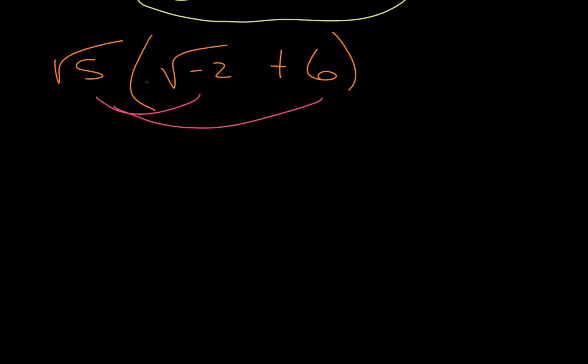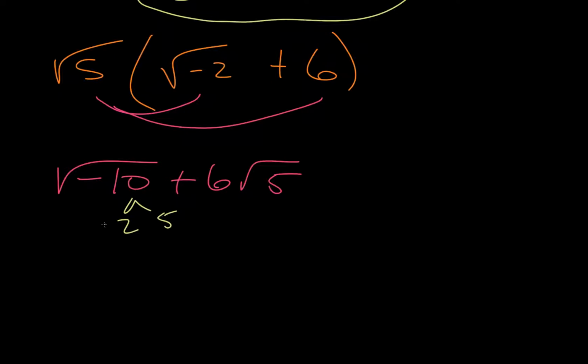So they're both under a square root, so we actually multiply them. 6 is not under square root, 5 is, so we say 6 root 5. And we want to take it just one step further to take out this i. So 10 just breaks up into a 2 and a 5, so we can't change that. So we still get the square root of 10, but this negative comes out to become an i on the outside, and then we just rewrite our 6 root of 5.